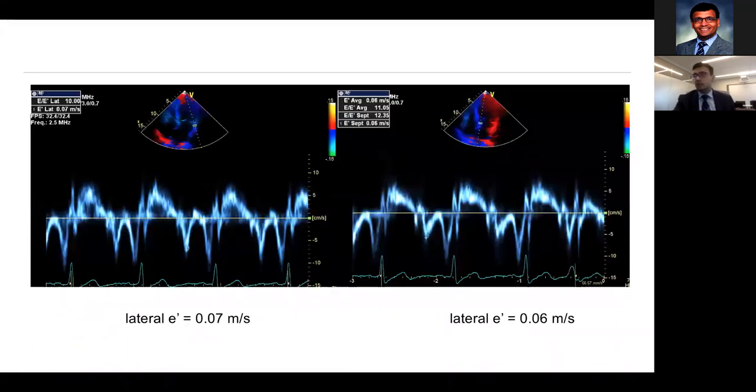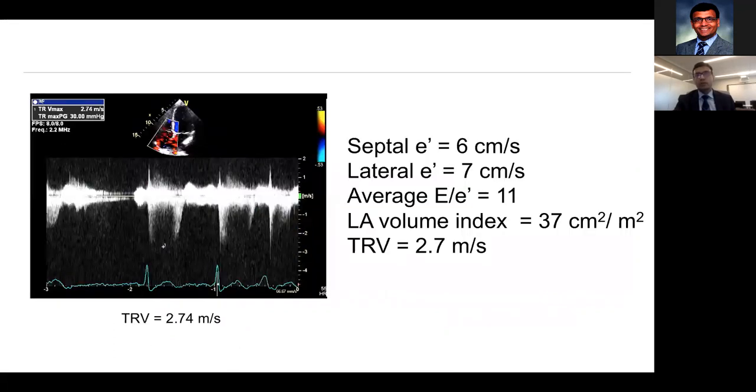Lateral E prime is 7 centimeters per second, and the septal is 6 centimeters per second. That's a typo there, it's 6 centimeters per second. You can see here the TR velocity is 2.7.